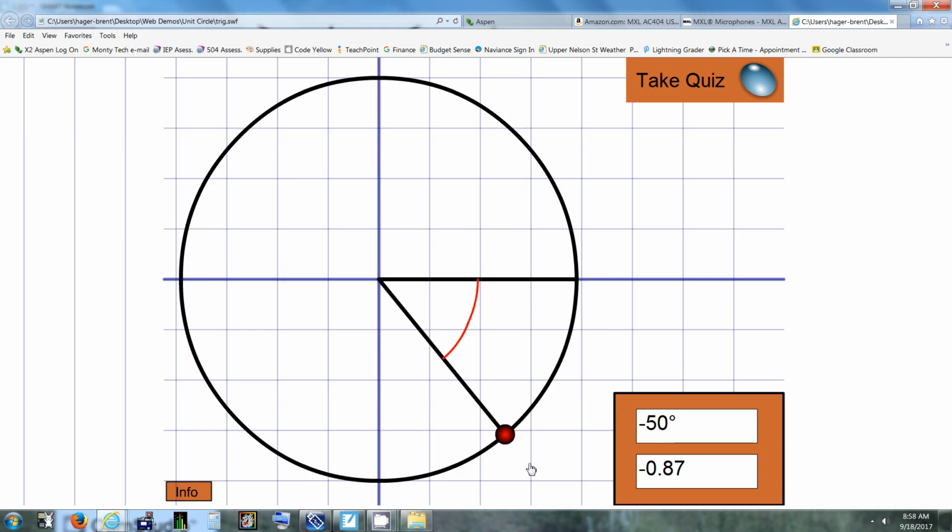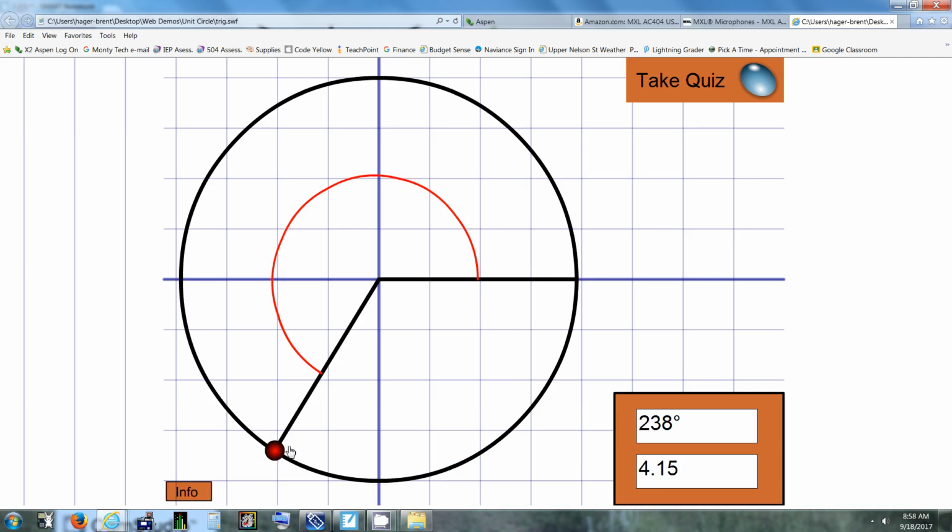If I go the other way, now we're looking at a negative angle. So let me show you 2 angles that would have the same coordinate. Negative 90. And if you go around the other way, 270.